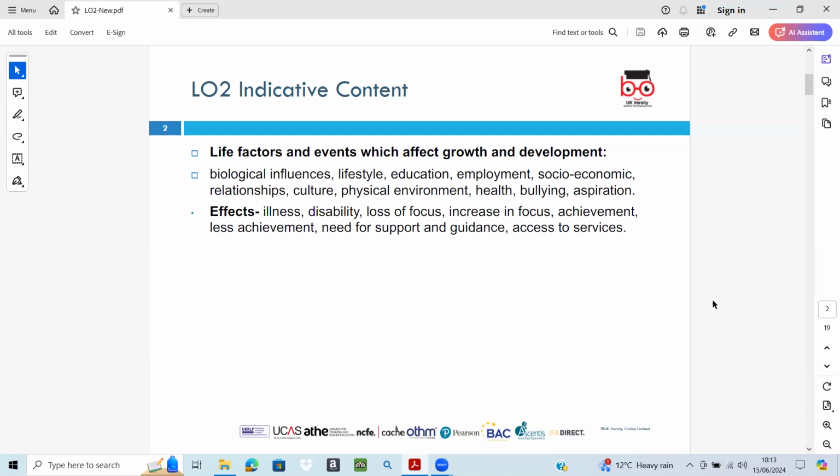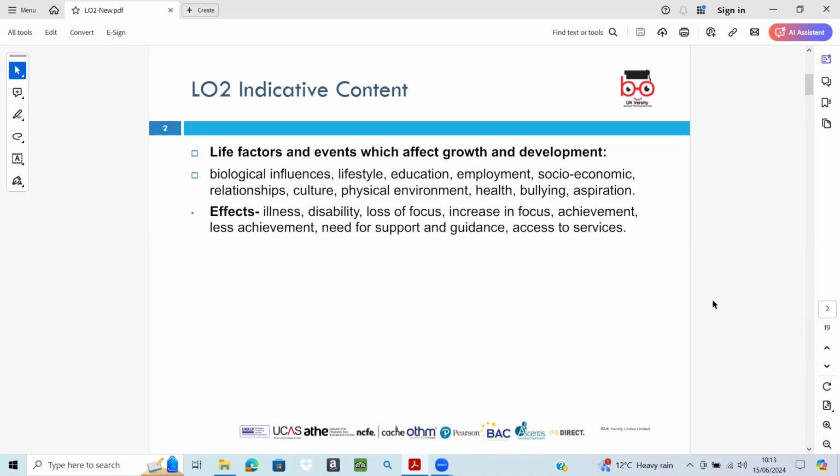While unemployment or unstable employment can lead to stress, financial insecurity, and adverse effects on mental health. Then we have socioeconomic factors. Socioeconomic status, including income, education level, and occupation, affects numerous aspects of life.